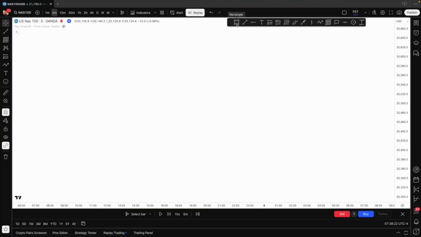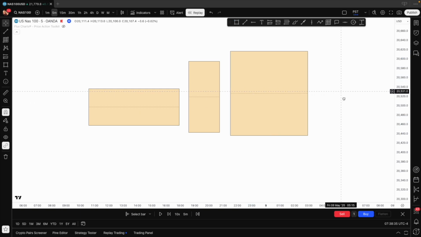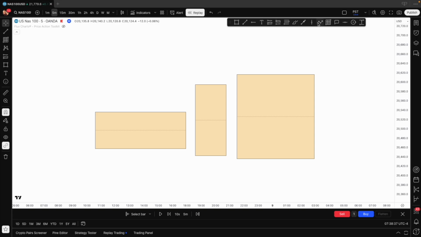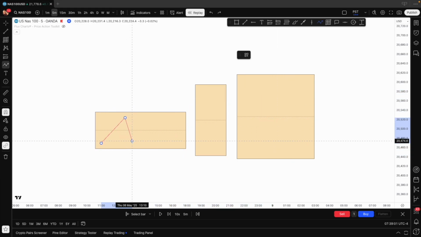Alright, so in this video, we are going to look at the Asia session. We're also going to look at what London did, and then we are going to enter in our New York session. So what we are going to look for: if during London we swept the Asia highs, we are going to wait for New York to have a reversal for the continuation move down, and vice versa.